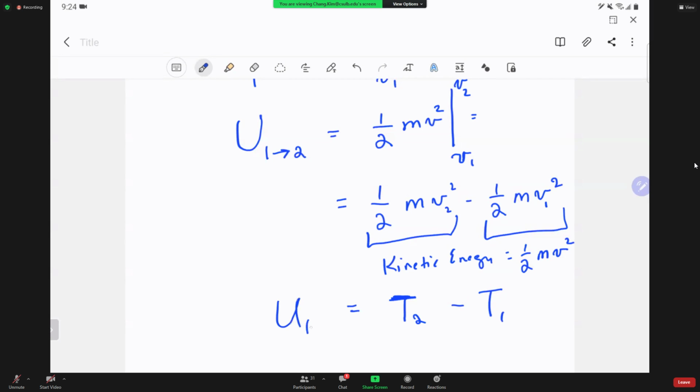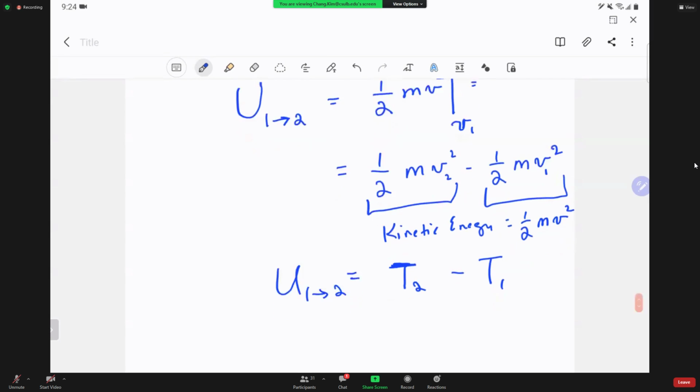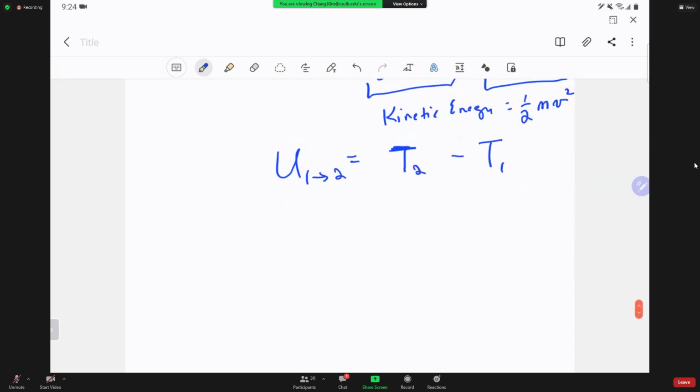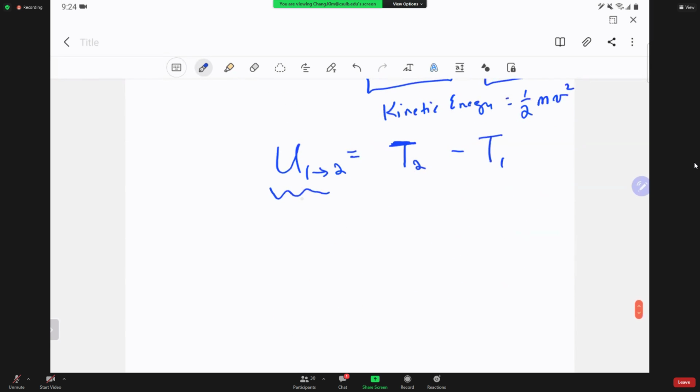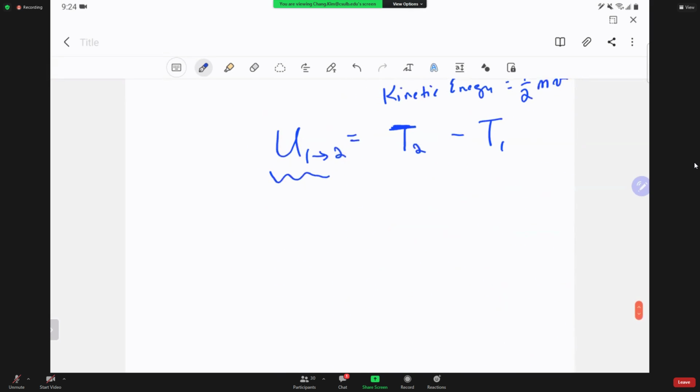This has the definition of integration of force times distance, so this is a work formulation.